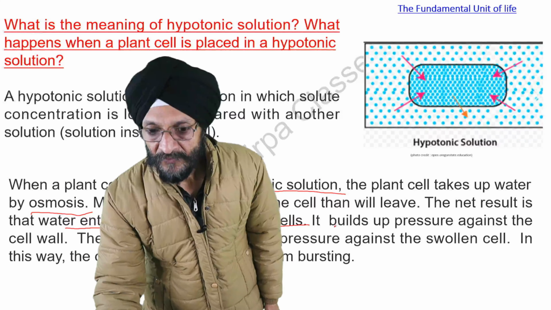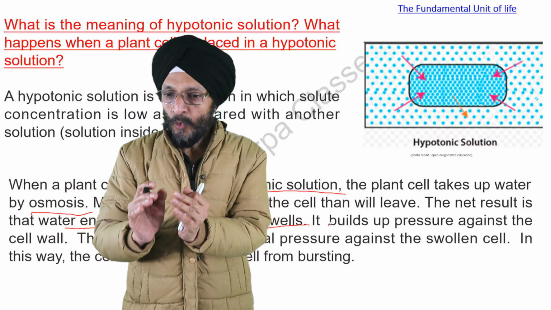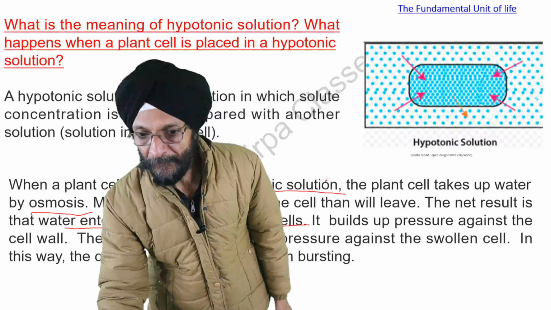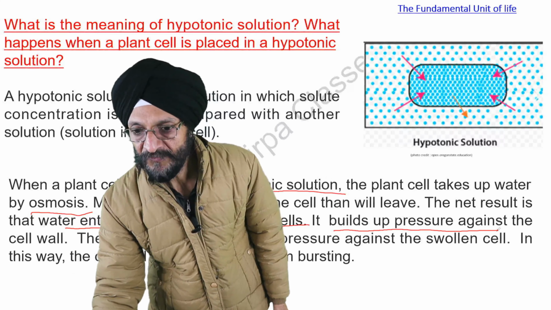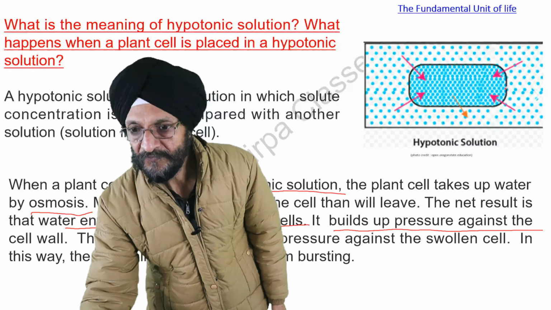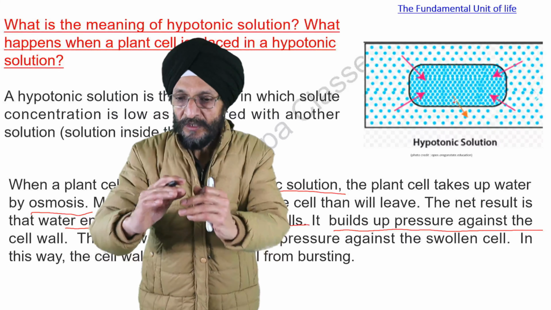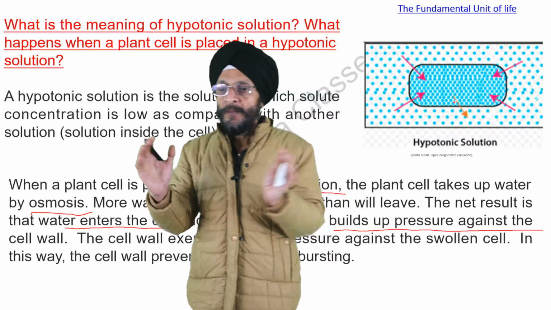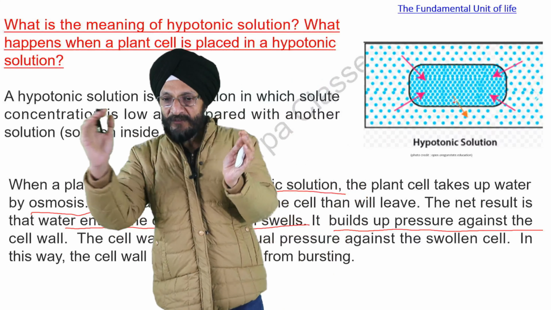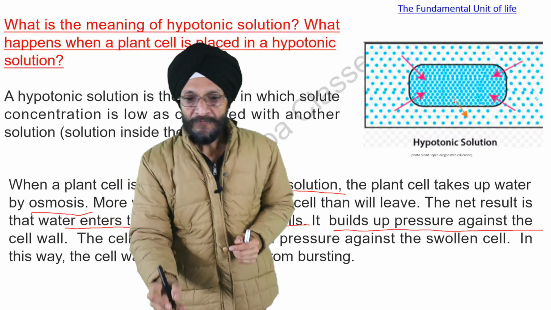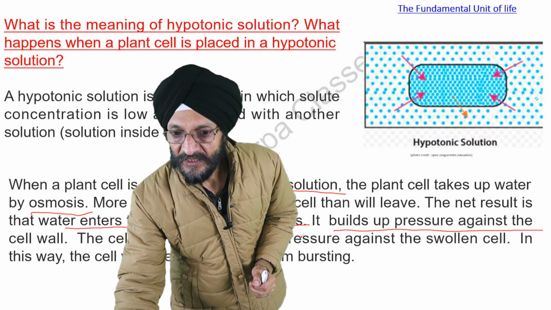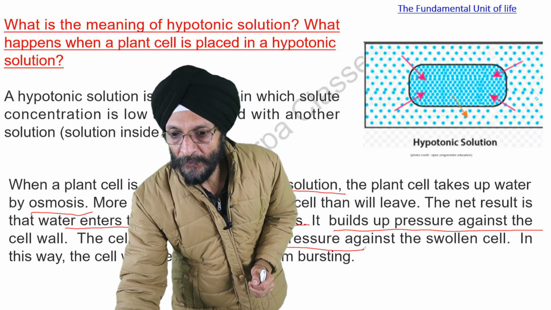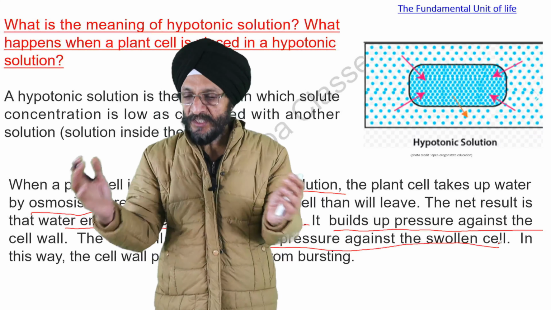and coming of more water inside the cell builds up pressure against the cell wall. This is the cell wall. More pressure builds up against the cell wall because a lot of water has come inside the cell. The cell wall then exerts an equal pressure against the swollen cell.